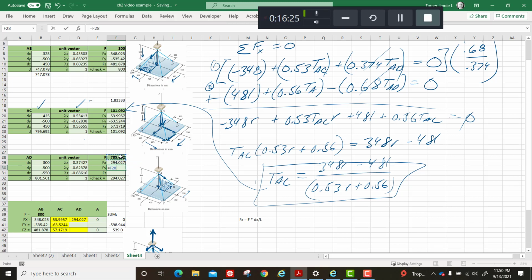And now that we have this in here, we should be able to get the Y and Z components and fill in the rest of the table. So here's my Y component, and here's my Z component. And woohoo, our Z is added to 0.